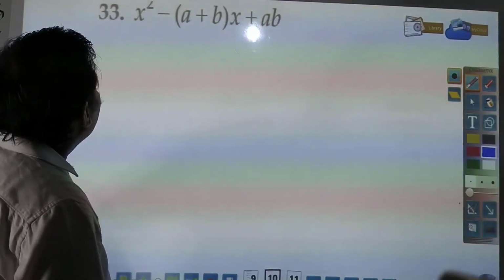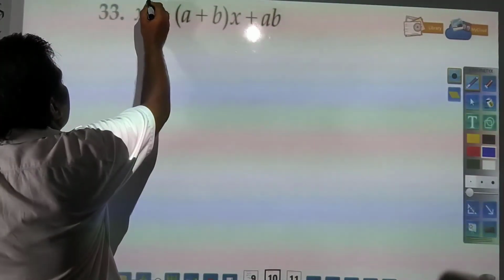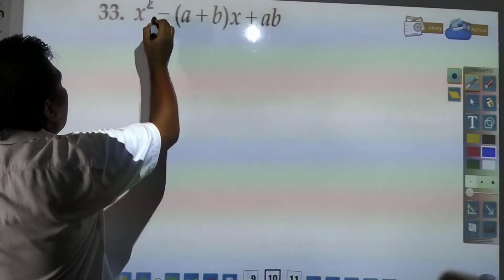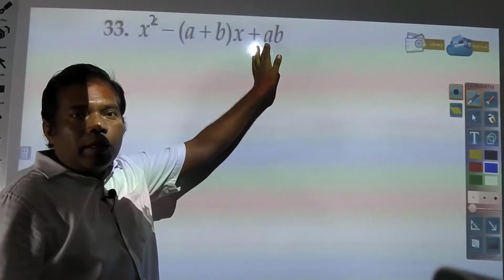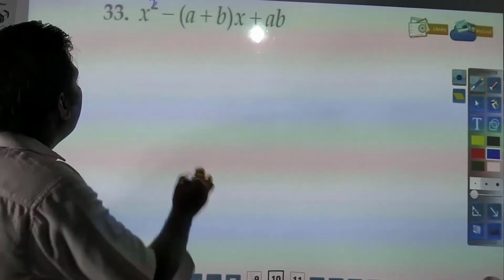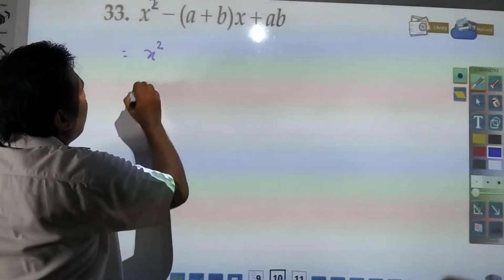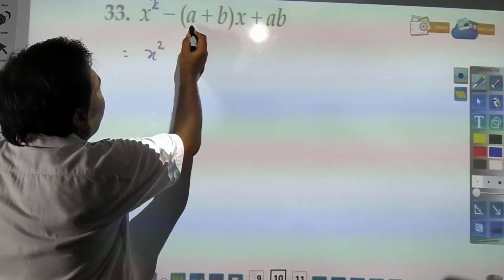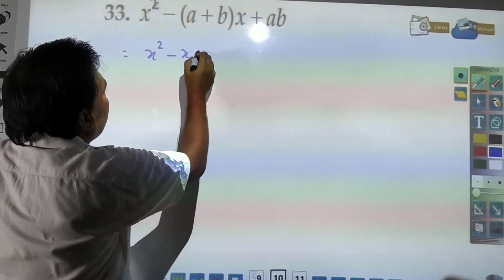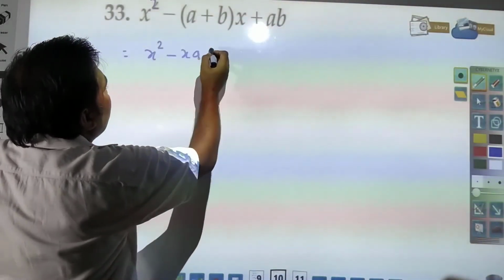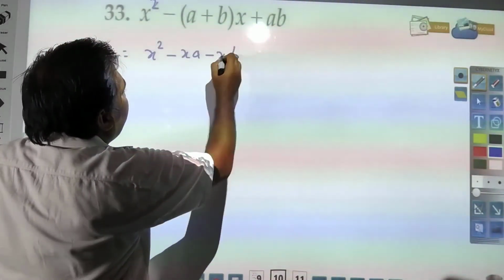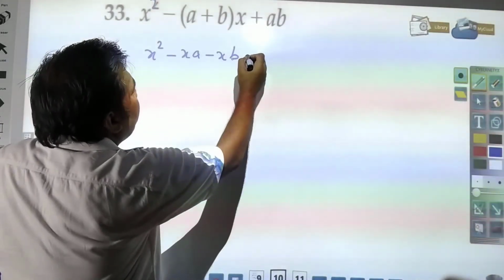Next you see you have x square minus a plus bx plus ab. Again this is required to be multiplied, so what we will get, x square, x into minus a, minus xa, x into this will be minus b, so this will be minus xb, and plus ab.